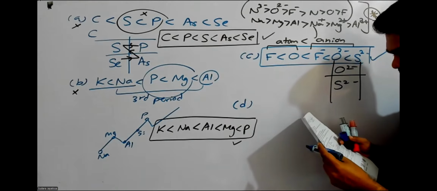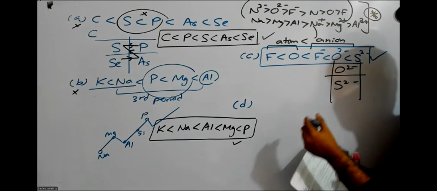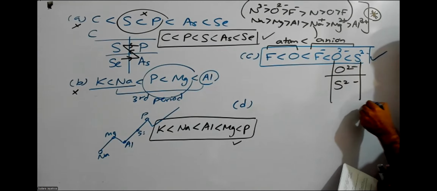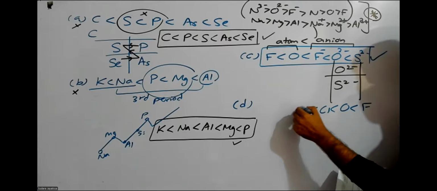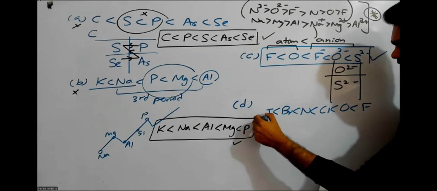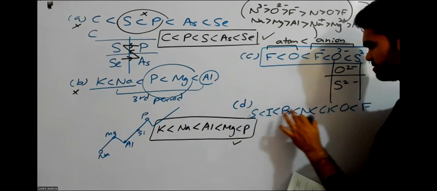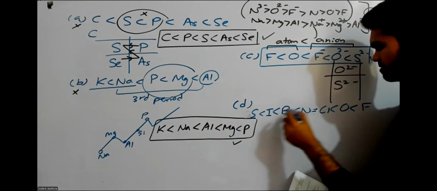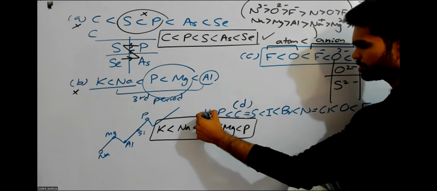Lithium, hydrogen, electronegativity. We have an order for the electronegativity. Remember: F, O, Cl, N, Br, I, S, C, and phosphorus and hydrogen.